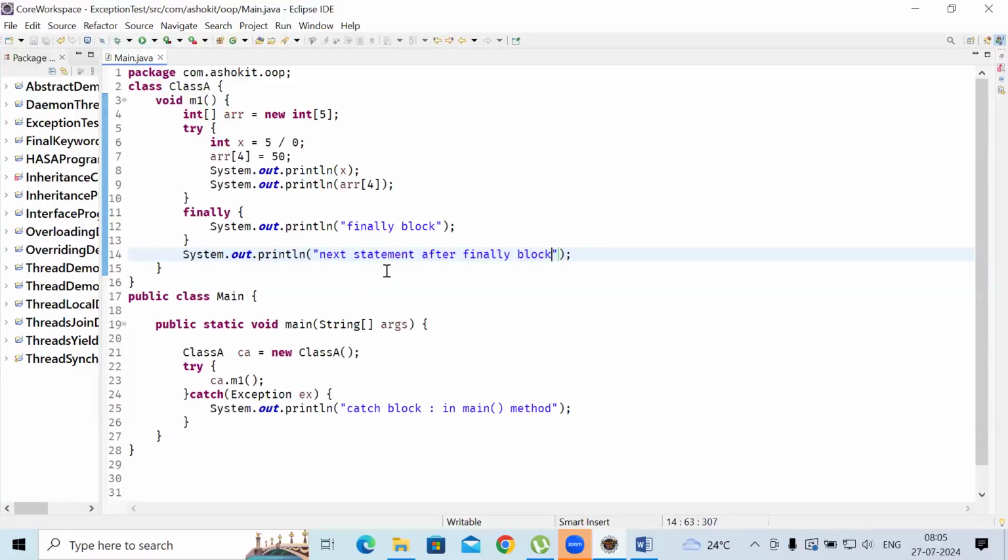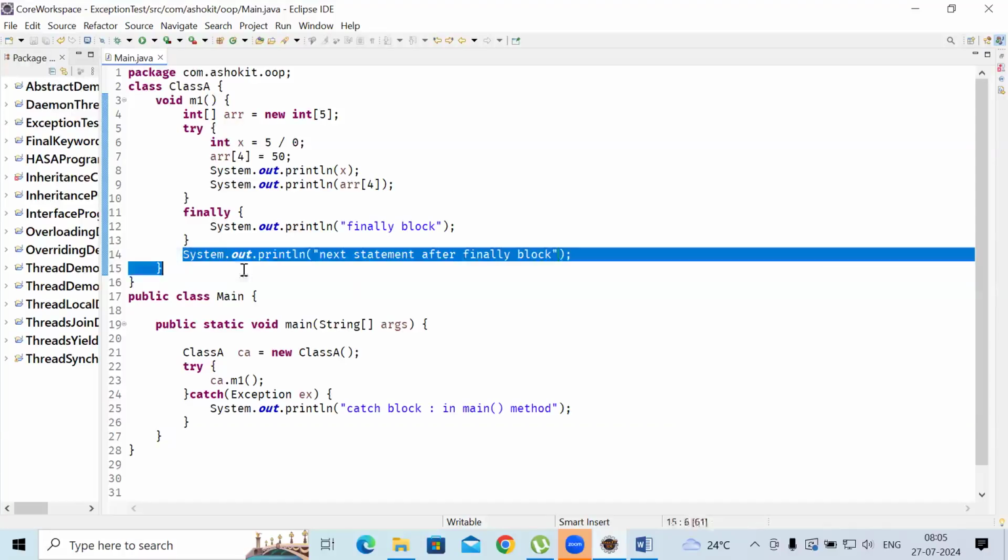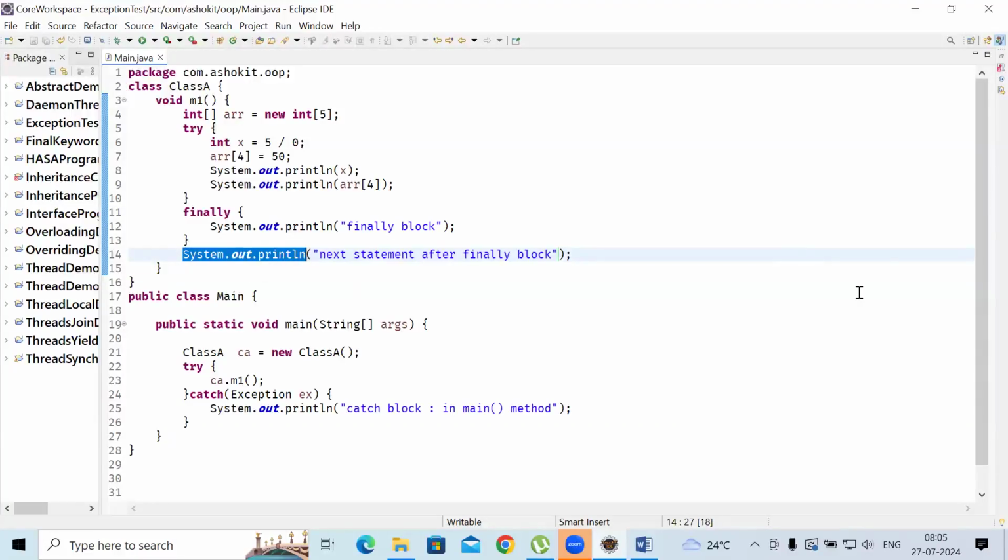Did you get my point, guys? Tell me, is this statement inside the finally block or the next statement after the finally block? See line number 14. Online folks, could you tell me whether line number 14 is inside the finally block or the next statement after it?